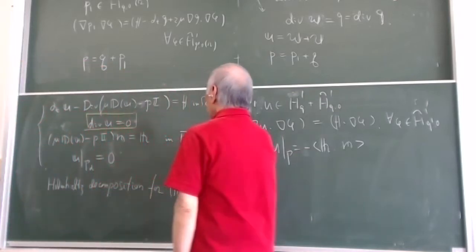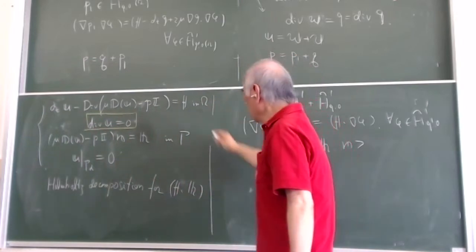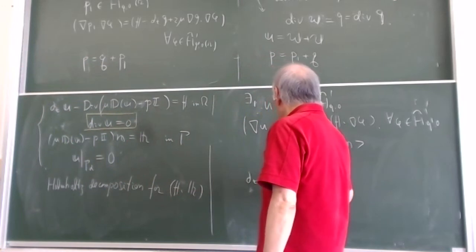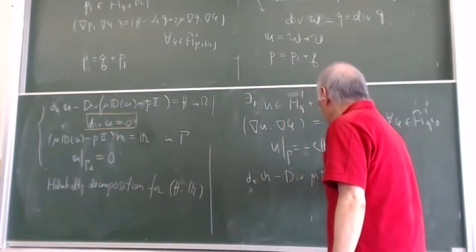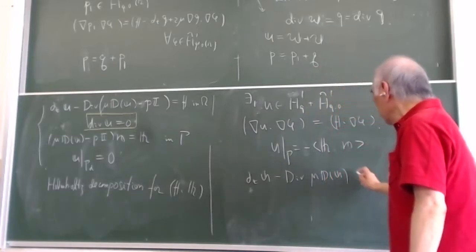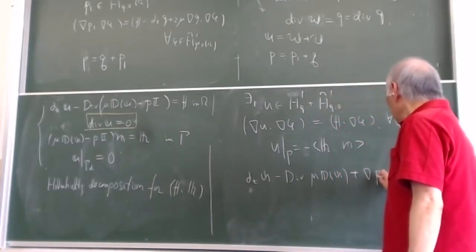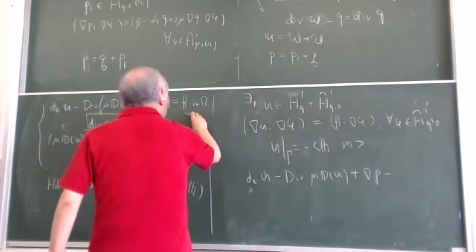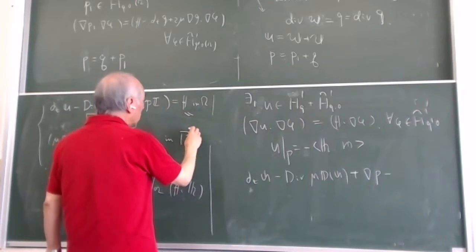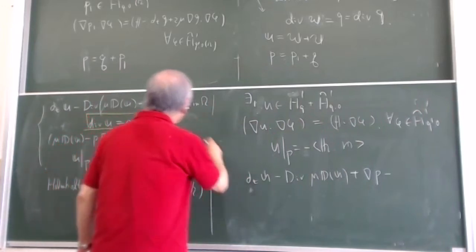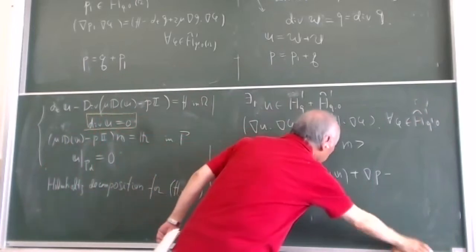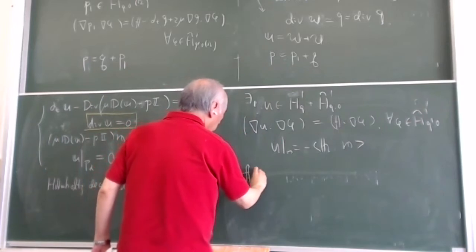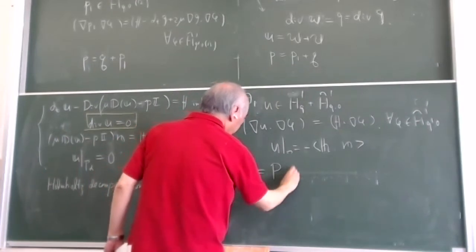Then you plug this formula into here, and you have du minus df du plus number of p minus, no, f is now, okay, so f, so now this is also, we write this one.